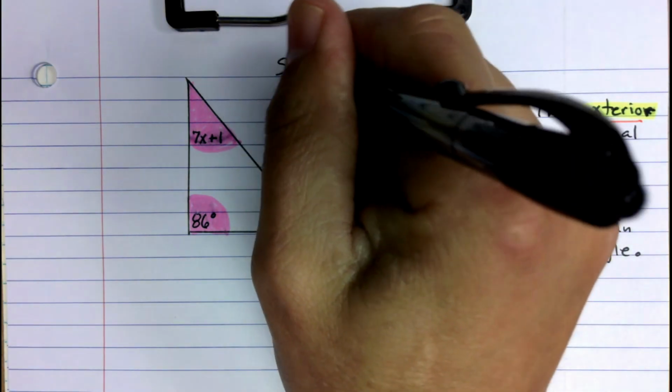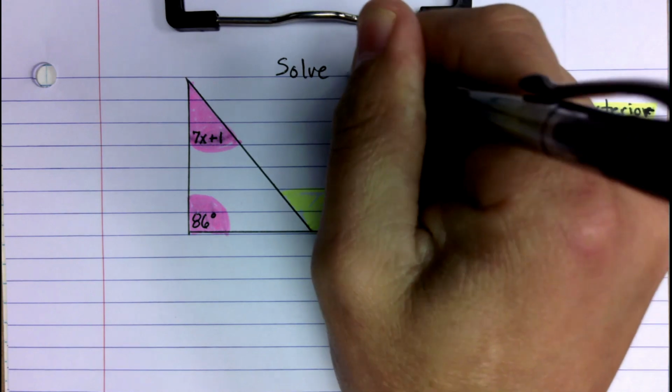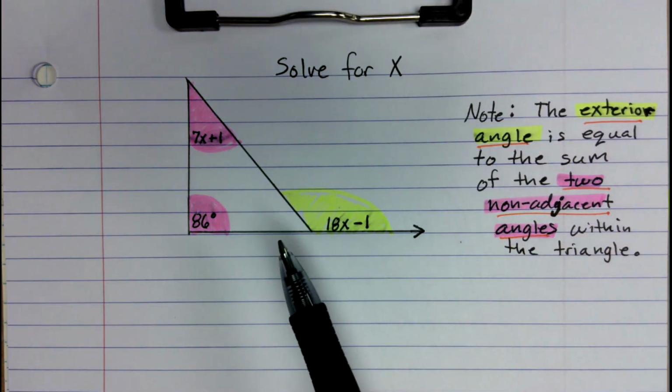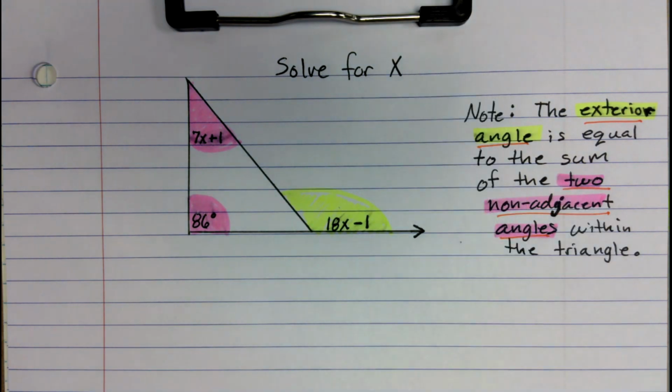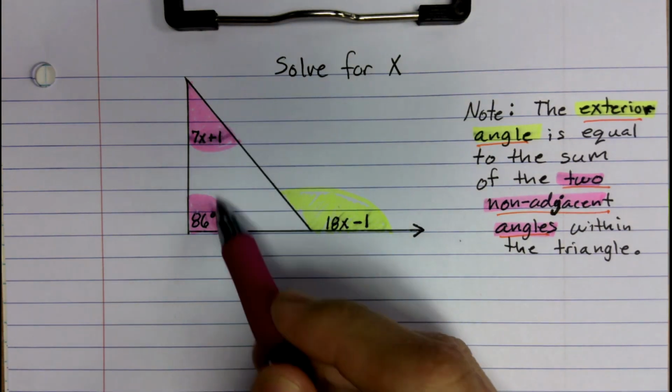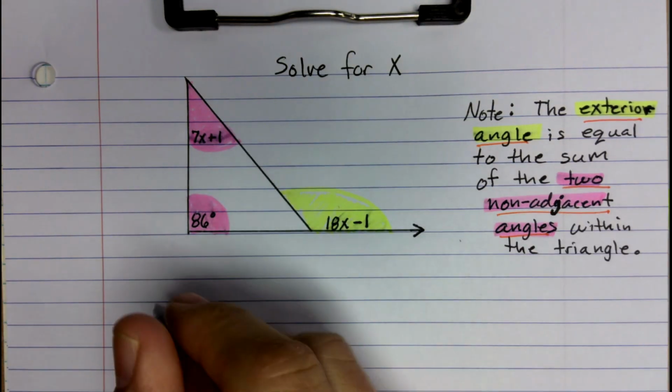I'm going to write here at the top, our goal is to solve for x. Now we'll make another video of us solving for an angle, but right now we're just solving for x. So I'm going to set up my equation, and first write these two expressions on the left side of my equation.